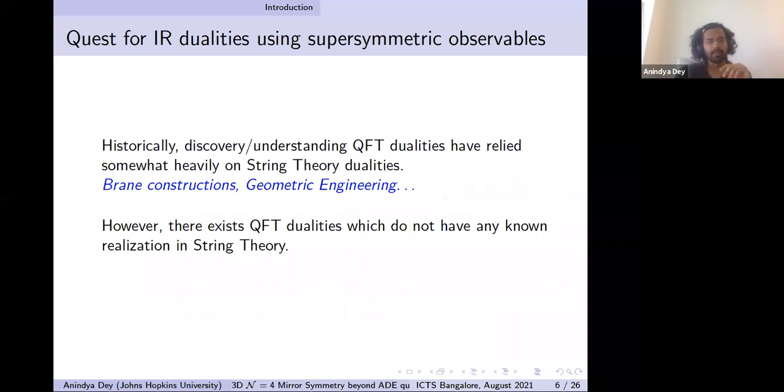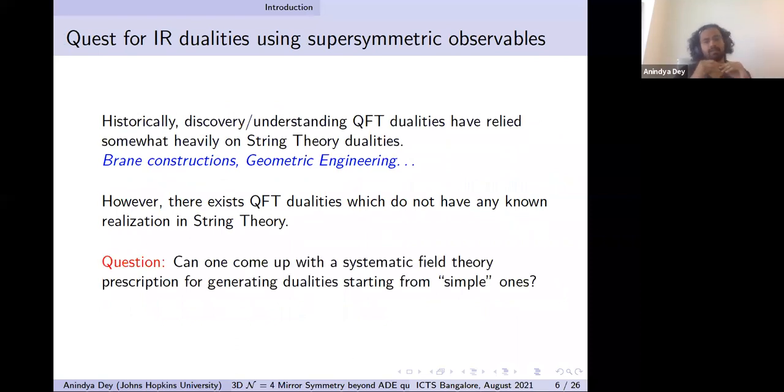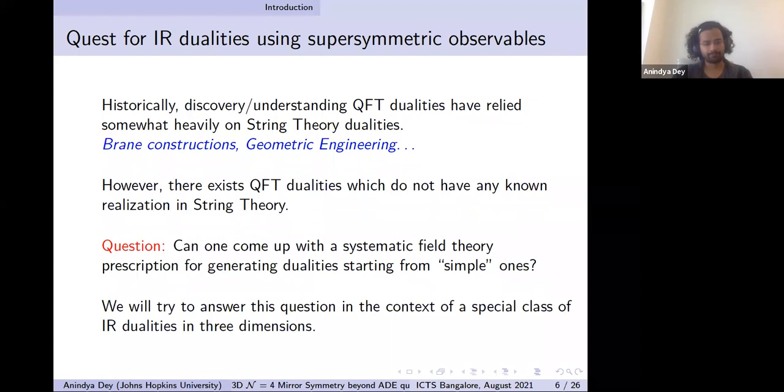So this begs the question: can one come up with some systematic field theory prescriptions for generating dualities, starting from some simple ones? So you start from some simple dualities, and then can one come up with a construction that generates the entire landscape of dualities? That's the idea.